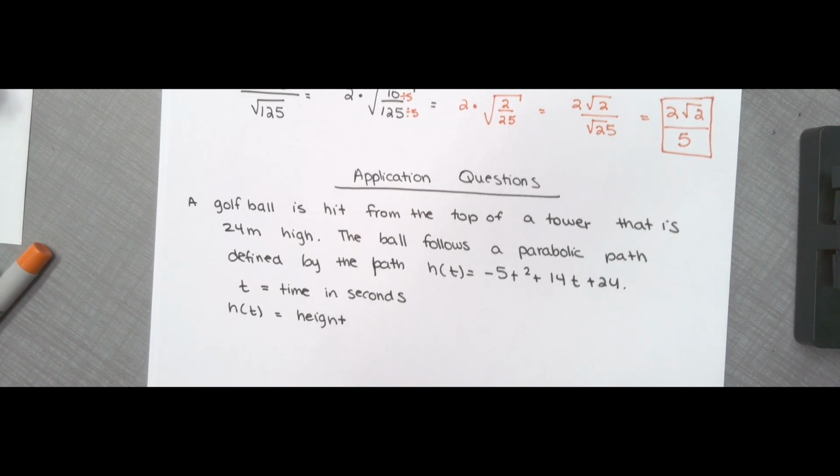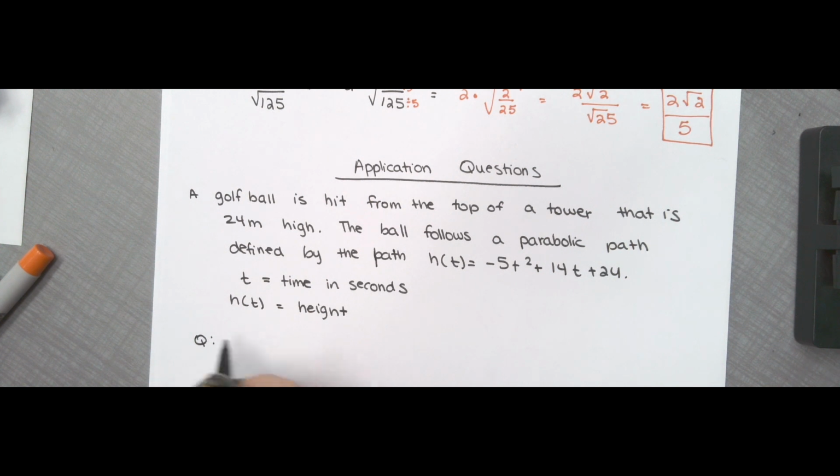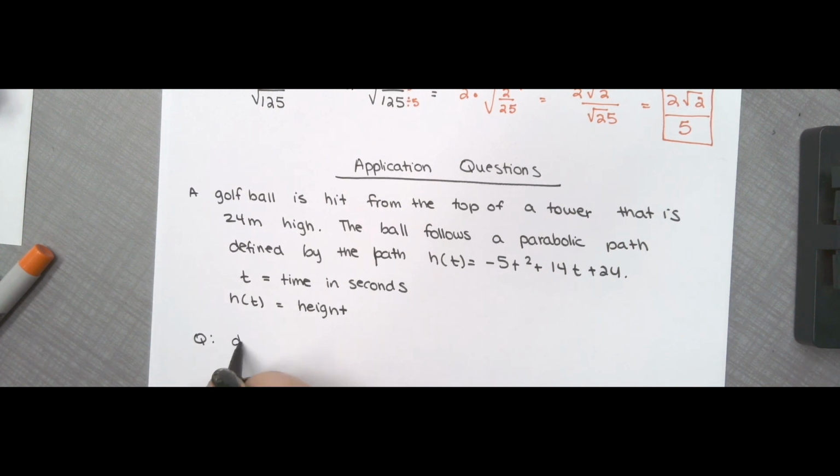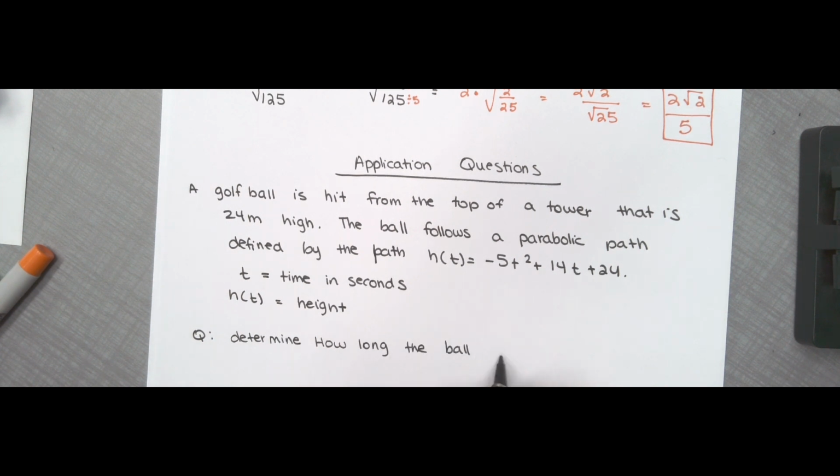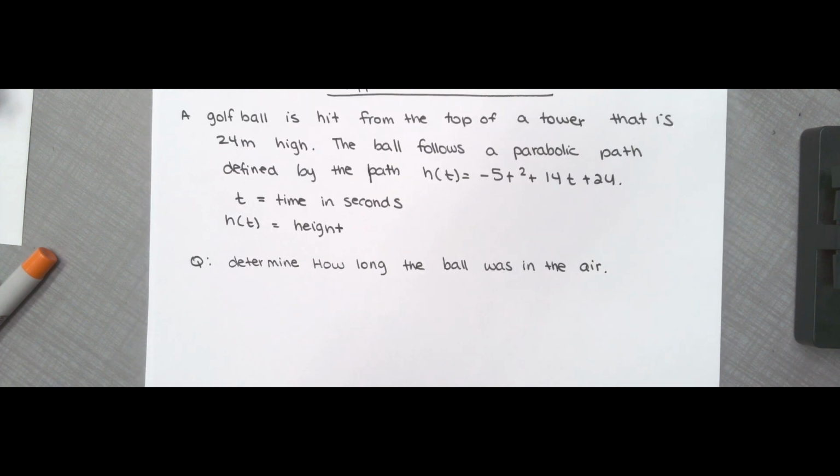And the question is, determine how long the ball was in the air. So let me shift this up so you guys can see it. Give you a few moments to finish writing because I know that's a lot of writing.